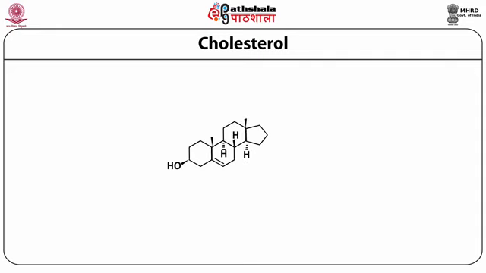The cholesterol structure determination involved some well-known scientists of that era: Wieland, Windaus, Diels, Rosenheim, and King. The fundamental carbon skeleton in cholesterol is cyclopentanoperhydrophenanthrene.